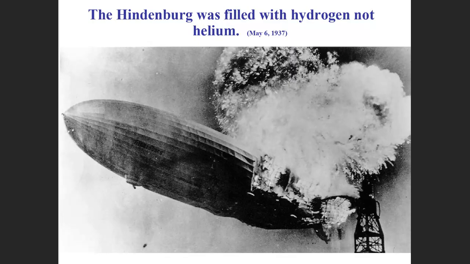A spark from somewhere ignited the hydrogen because the blimp was filled with hydrogen, which is very explosive in the atmosphere. Helium, another very light gas that we use in balloons and things like that, is not flammable. It's not explosive. Germany had no natural source of helium, but it did have hydrogen, and that's what it used in its Zeppelins. So a big floating bomb, very highly explosive.